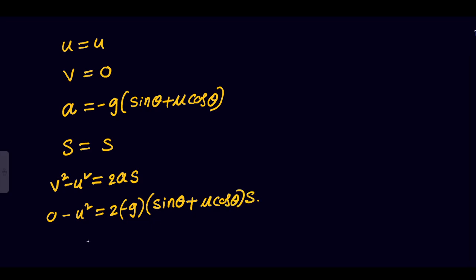The minus will get cancelled, so s equals u squared by 2g into sin theta plus mu cos theta. This is the displacement of the body before coming to rest.